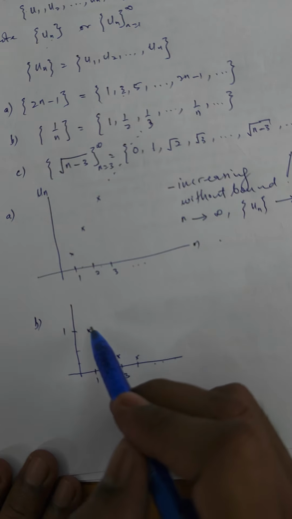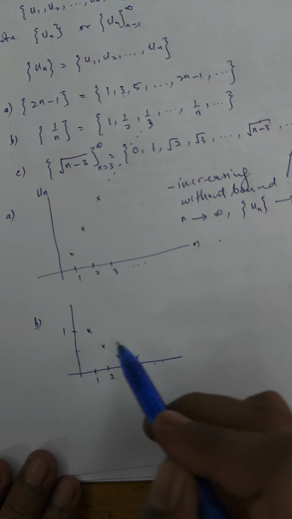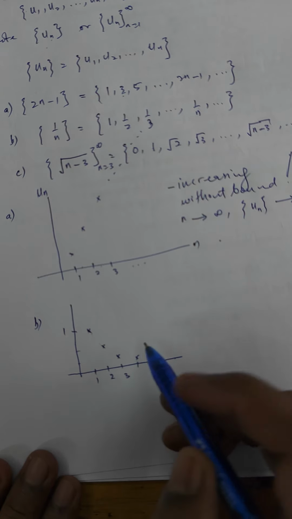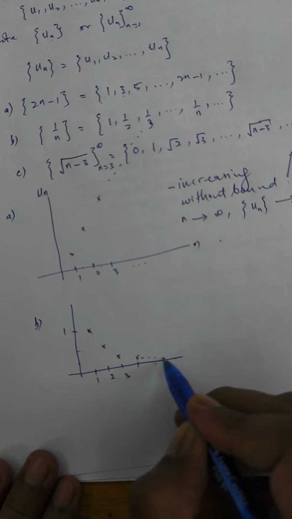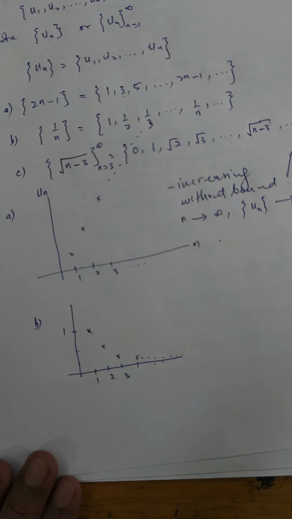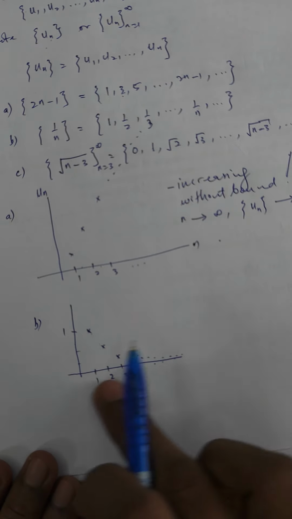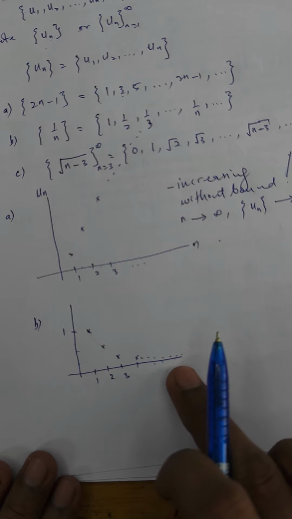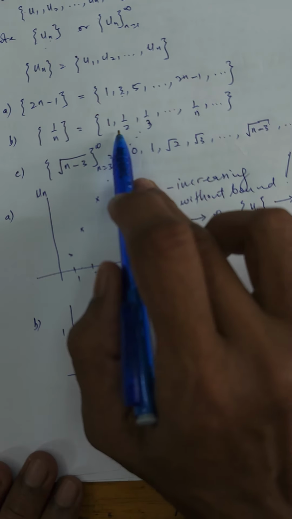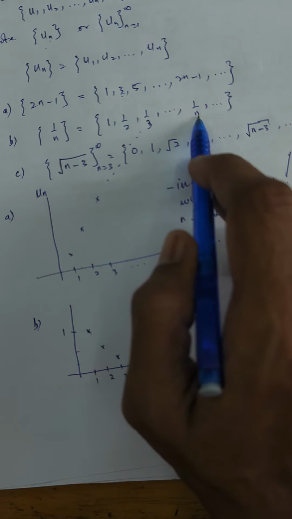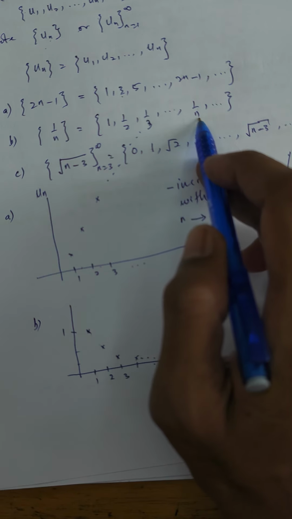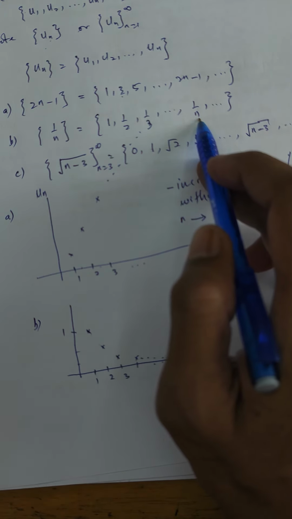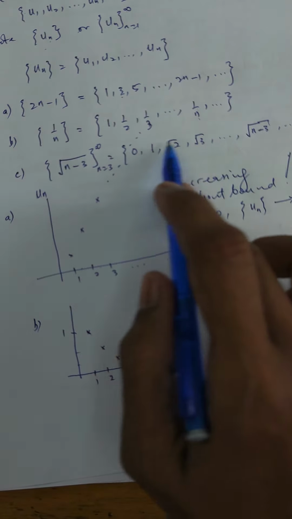Okay, so what you can see here is that this sequence is getting smaller and smaller, but it will not cross the line y equals 0, or the sequence will not be 0. No matter how big n you choose, this sequence will not go to 0.